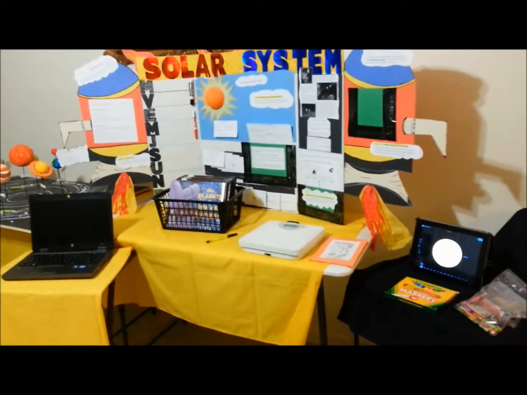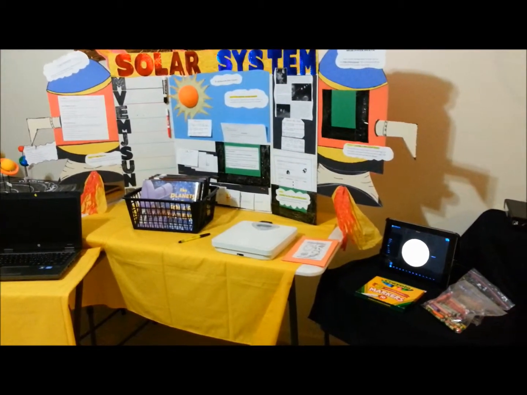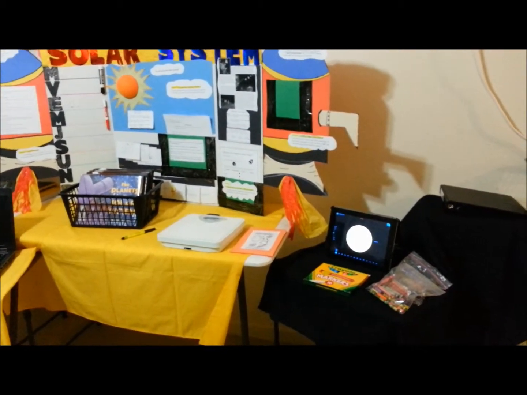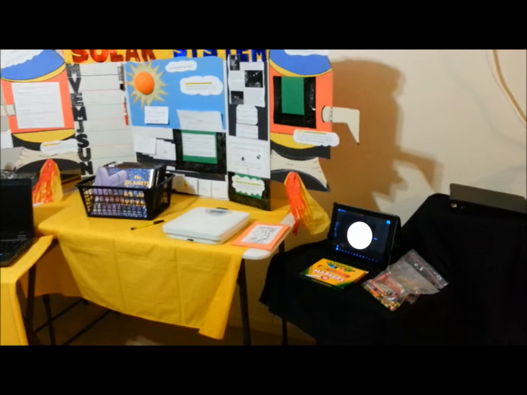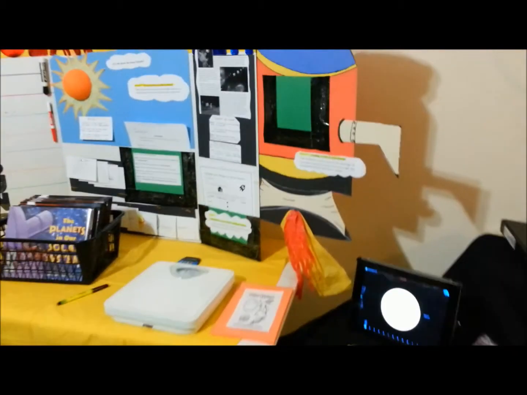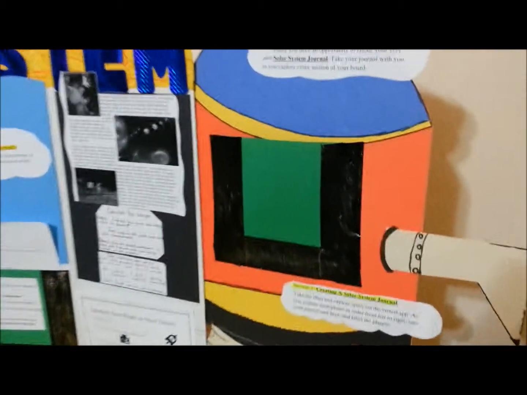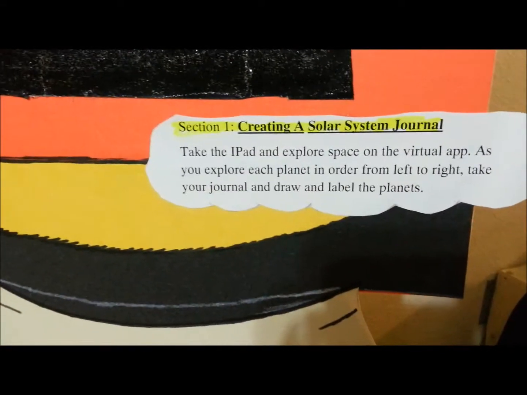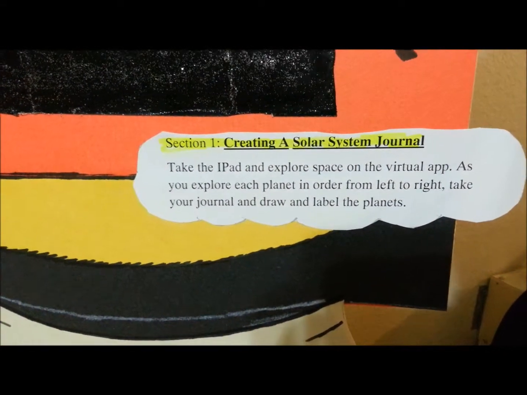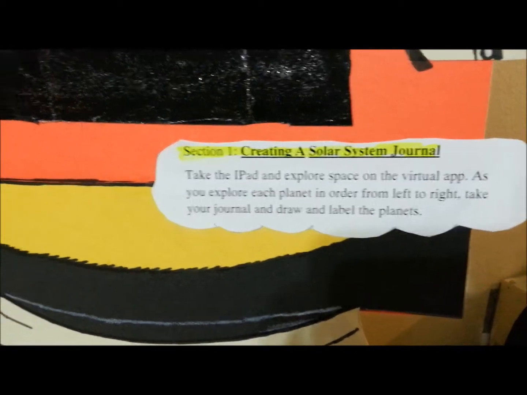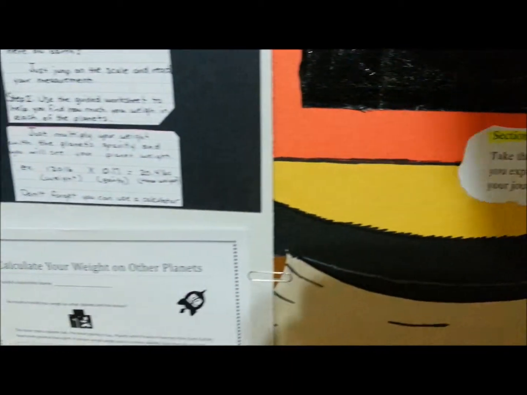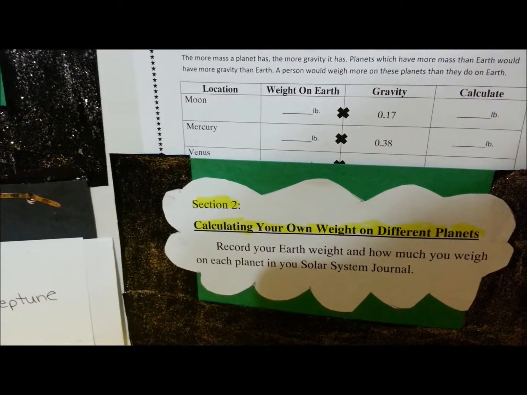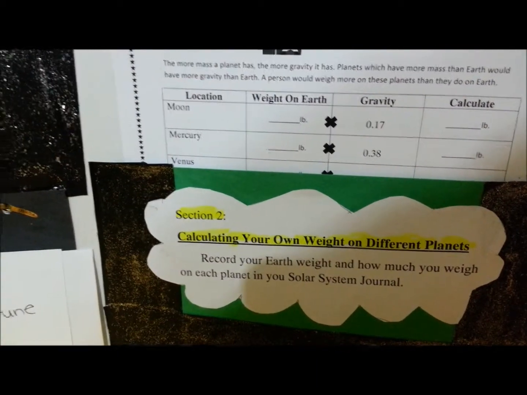Let me go ahead and show you a quick tour of the activities that I have planned for today, and then we will move on with further details. Each section is going to be titled, as you can see here. This one is section 1, creating a solar system journal. Then the activity is going to move on to section 2, which is calculating your own weight on different planets.